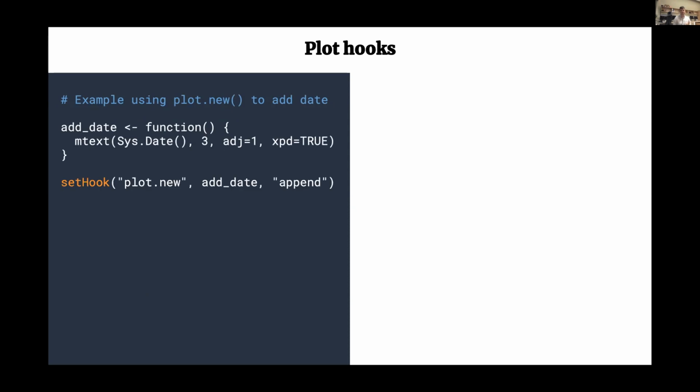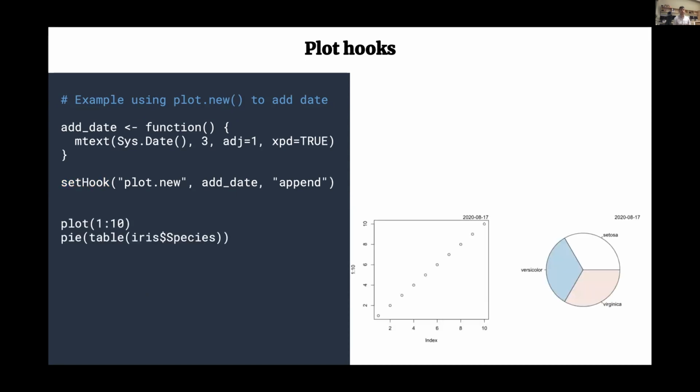And then we call this set hook mechanism. How it works is we provide the hook we want to set, in this case plot.new, one of those plot hooks. We provide the function we want to add into that place, and we say append. So if there were any functions before us, we would not replace them, but append to them. And now after we've done this, we can call, for example, plot or pie.